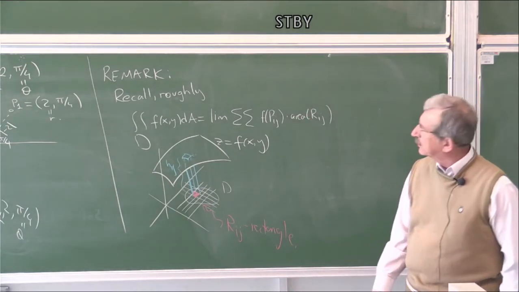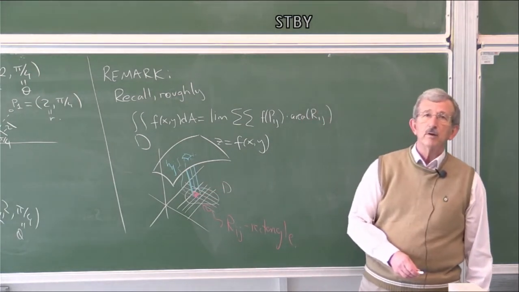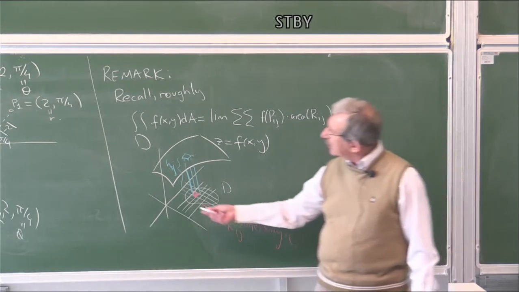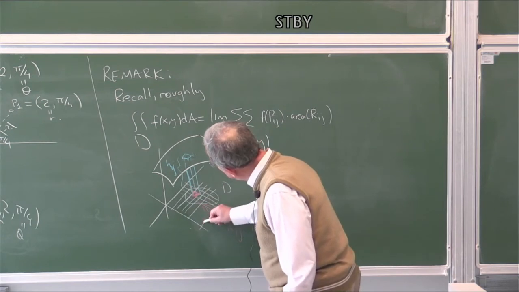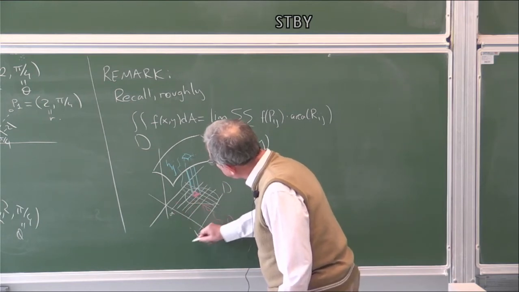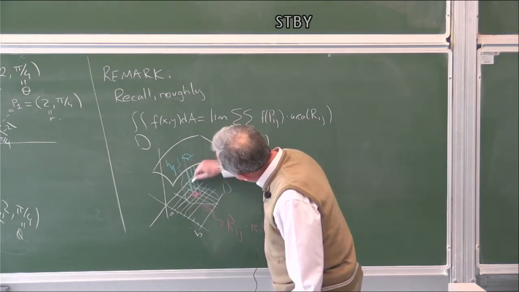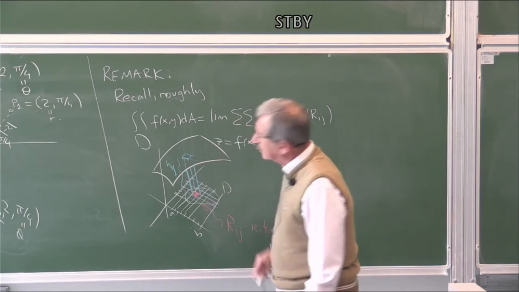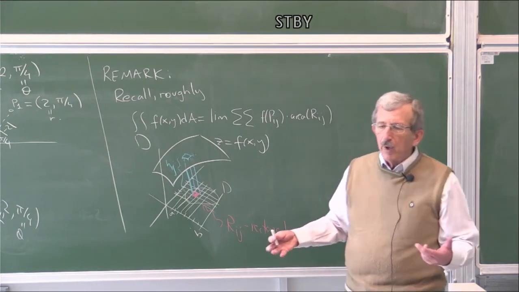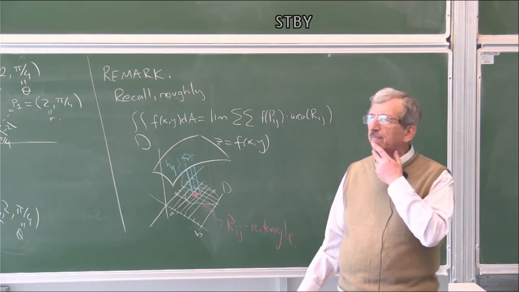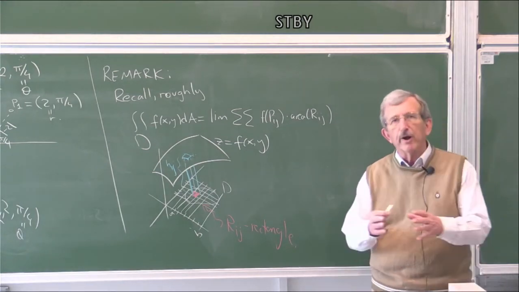Now, a good question is, why did we choose rectangles? One reason is obvious, because in one dimension, we divided the interval AB into small pieces. And we also did the same thing for the y's. When you put them together, you get rectangles, of course. Well, the question is, what would happen if we did not use rectangles, but small triangles?